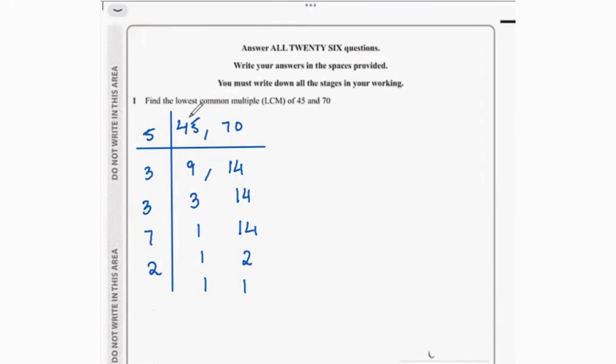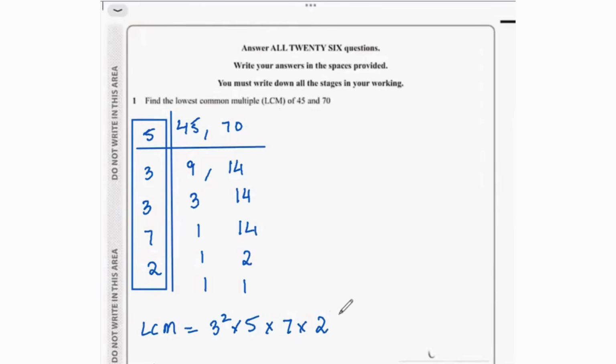So now once you have converted 45 and 70 to ones, for the LCM, you will multiply all the numbers you divided them by. So it's going to be 3 squared times 5 times 7 times 2. That's going to give us 630.